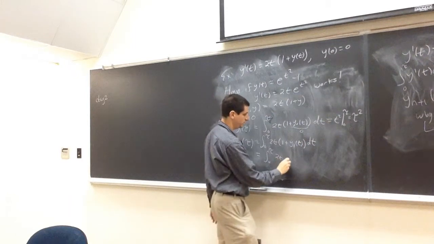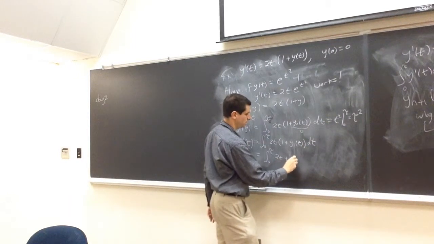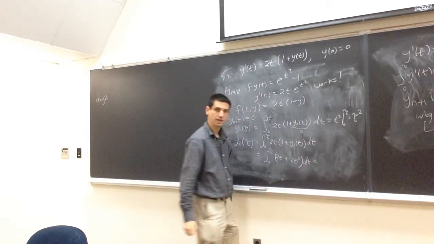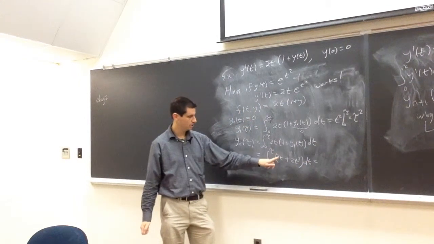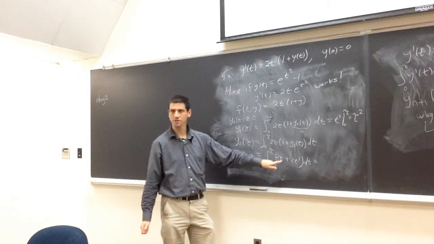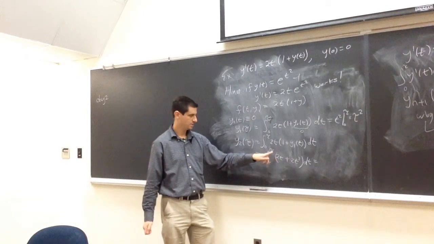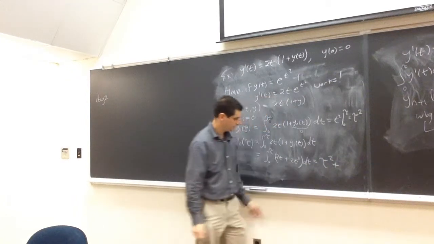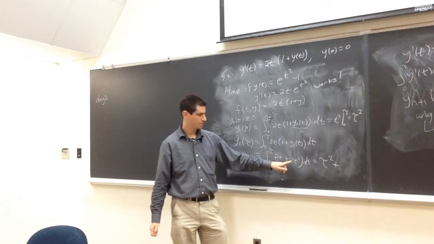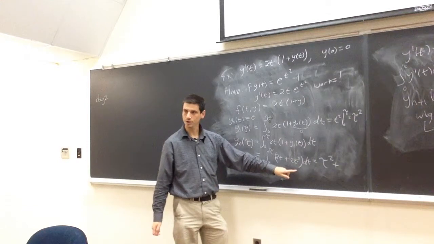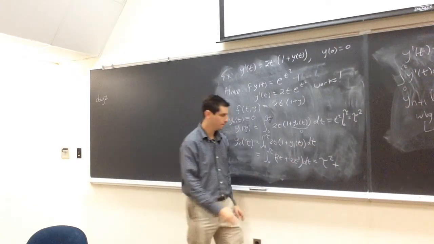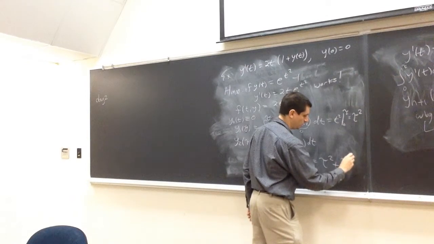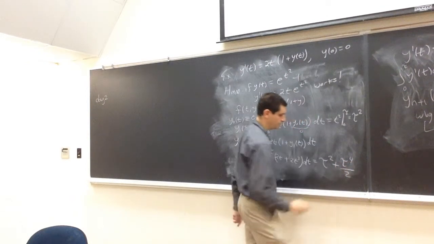So we get 2t plus 2t cubed dt. And when we integrate from 0 to tau, we get, again, 2t becomes t squared, becomes tau squared. The second piece, 2t to the 4th over 4, so t to the 4th over 2, so we get tau to the 4th over 2.